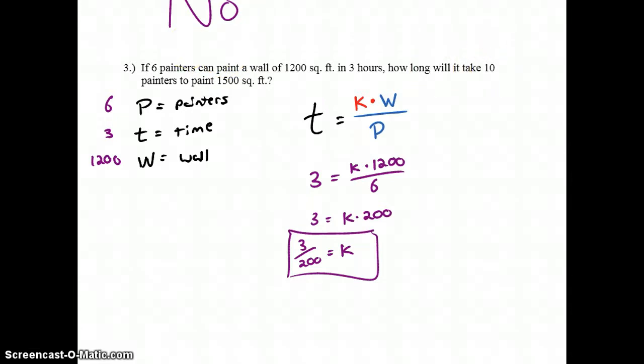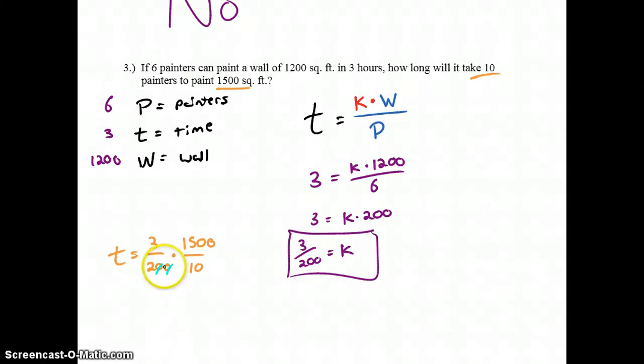That it will take 10 painters, so now time equals 3 out of 200 times 1,500 square feet out of number of painters, 10.